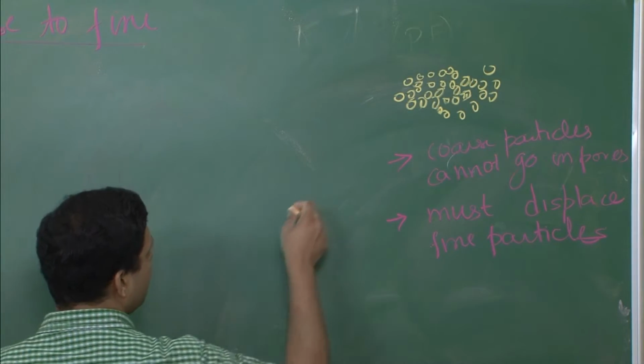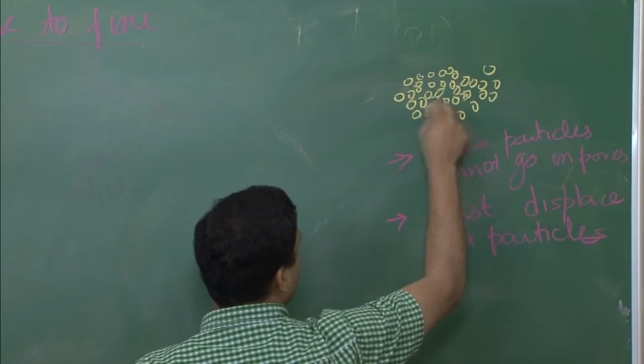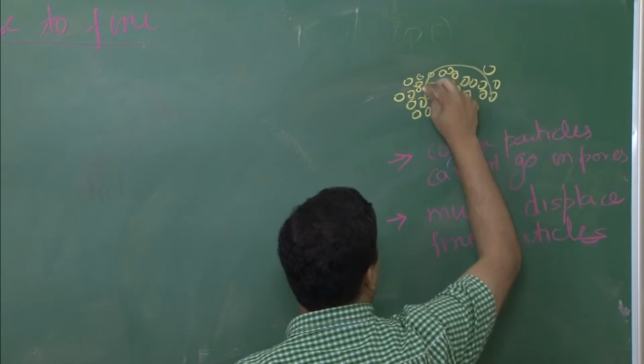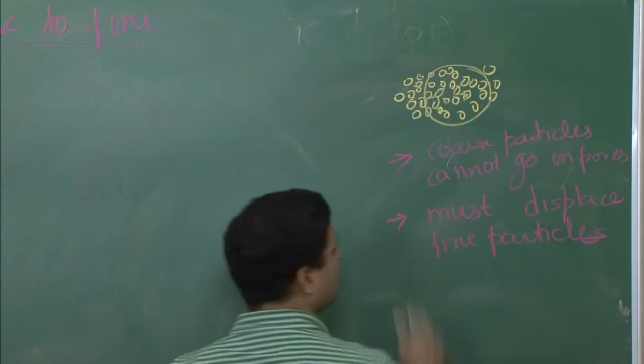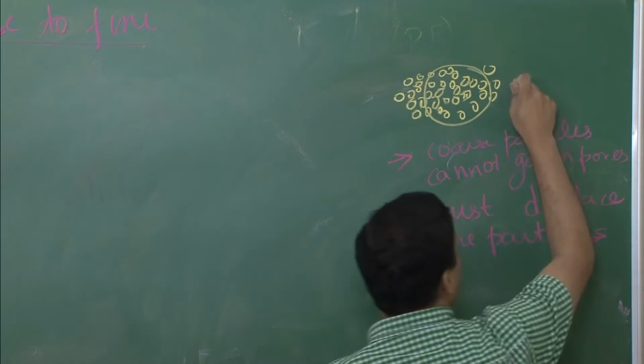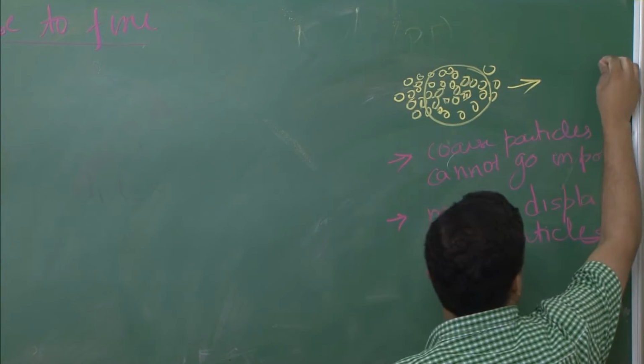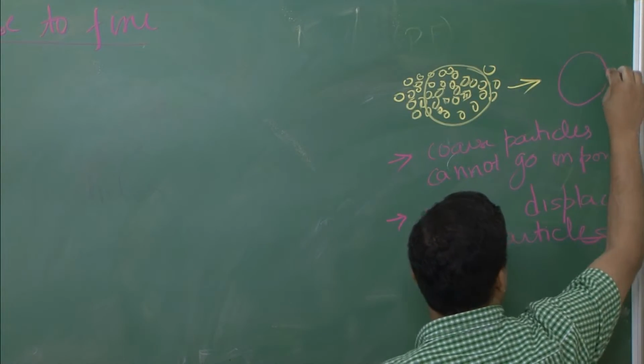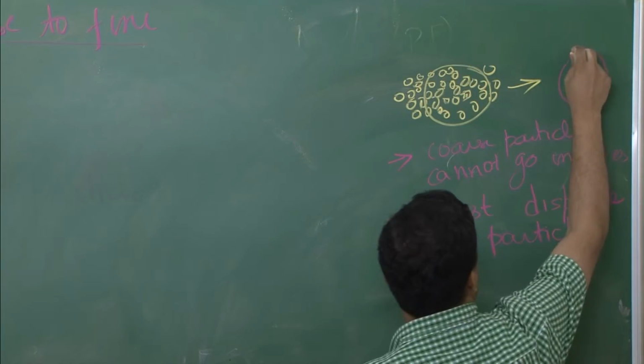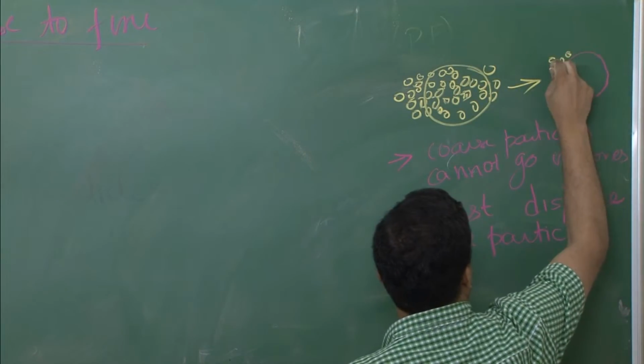So for example, here we were drawing like this. Now let me say there is a big region like this, and when the coarse particle comes over here, it will take this region, and around it the fine particles would still exist.